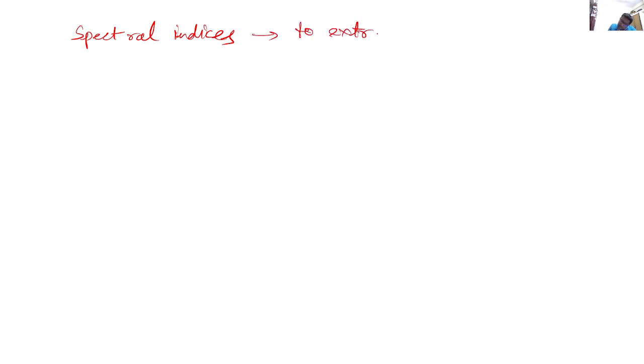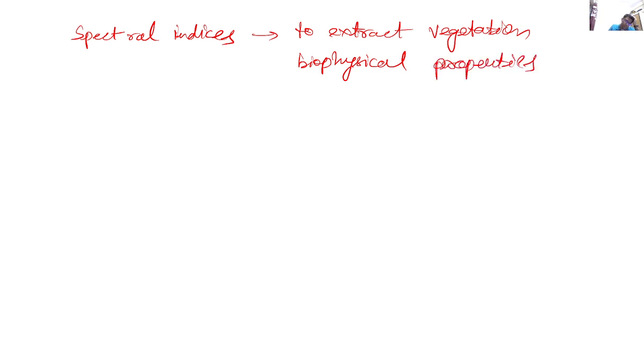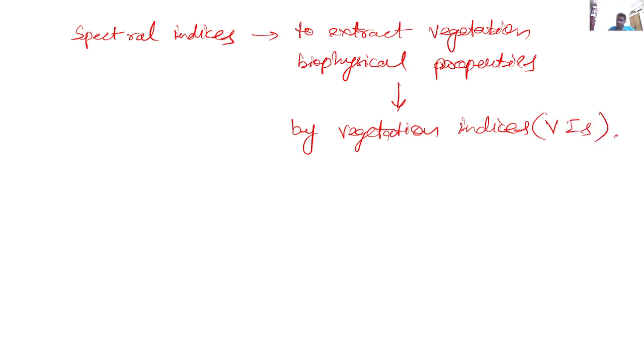To extract vegetation biophysical properties by vegetation indices. Let us term them as VIs. So we combine different spectral bands, with some manipulation, to know what kind of surface feature that is.